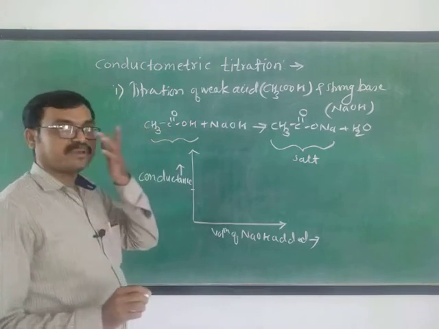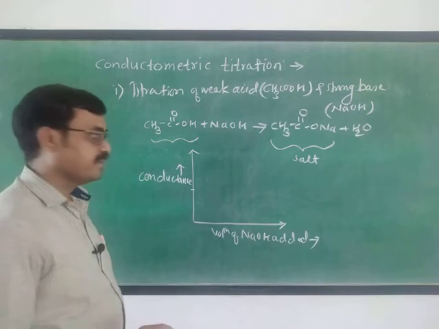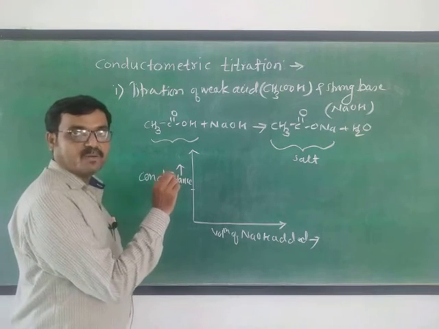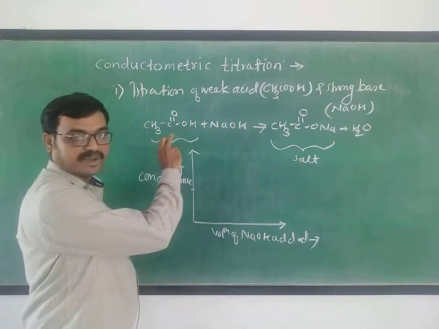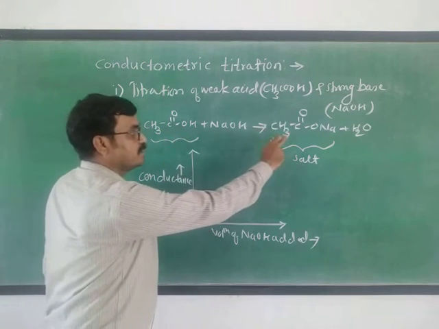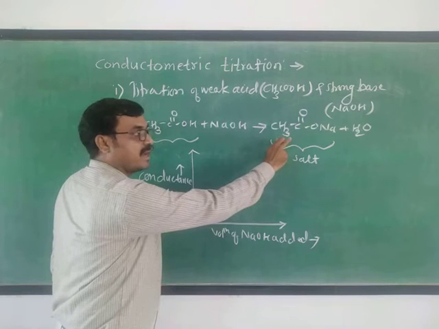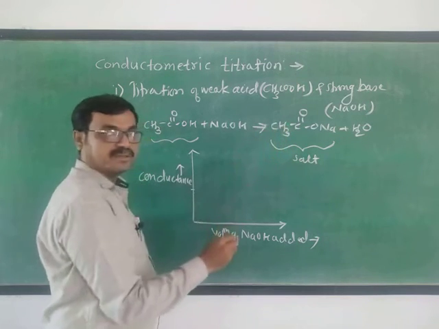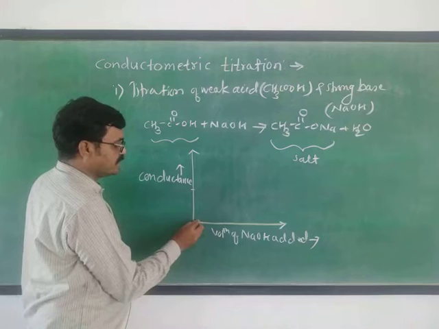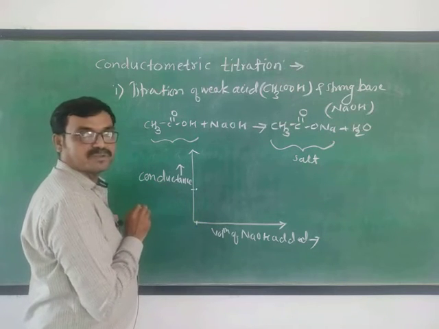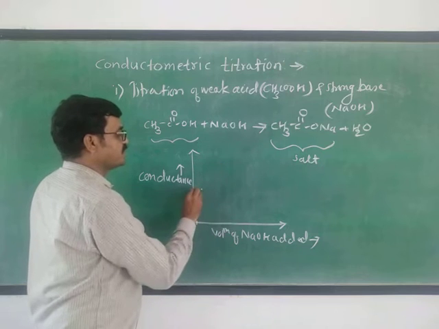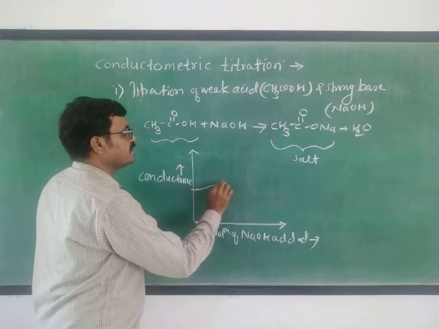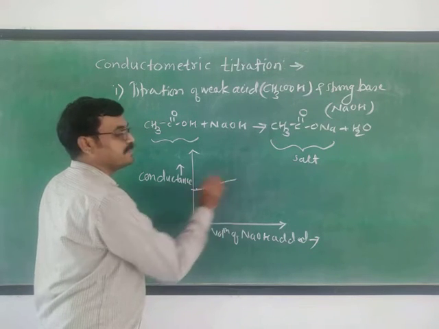Since acid is weak, poorly conducting acid is there. As NaOH is added, what happens? This poorly conducting acid is converted into what? Highly ionized salt. That's why conductance increases slowly, means not an abrupt change, there will be a slow increase in this way up to the end point.